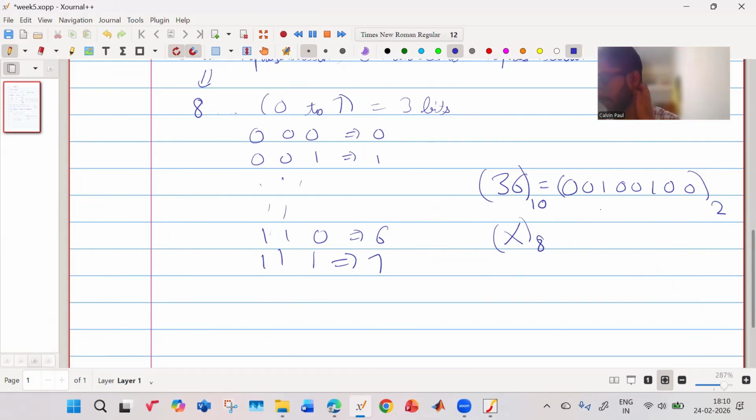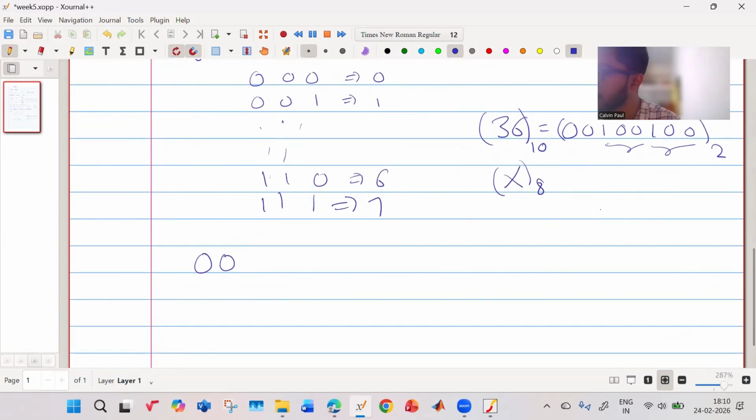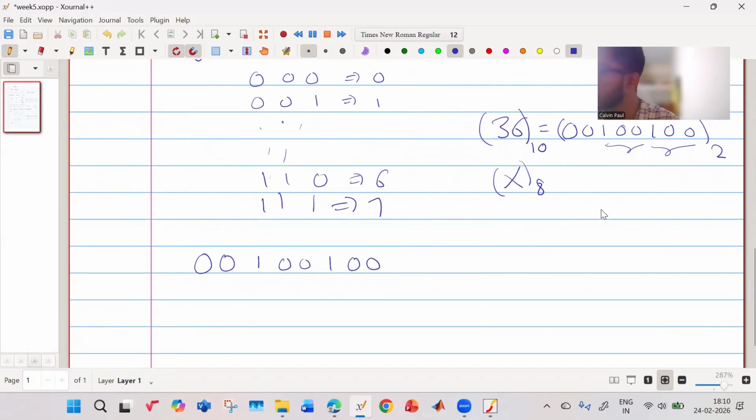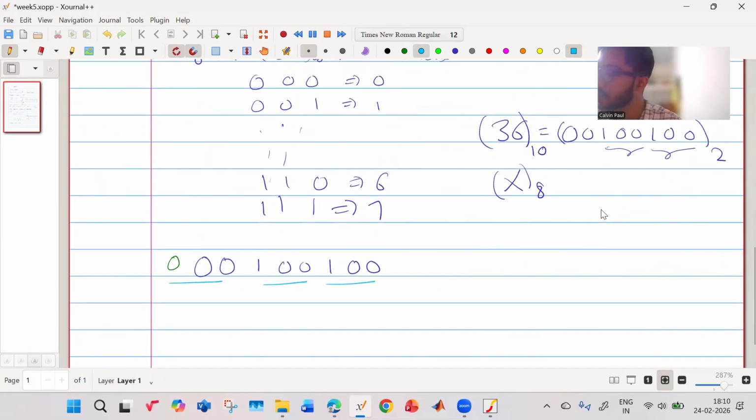One simple way is to group it in terms of 3 bits. So you write it as 00, 100, 100. This is 3 bits, this is 3 bits, and you add an additional bit 0 to make another set of 3 bits. In terms of octal, 100 represents 4.